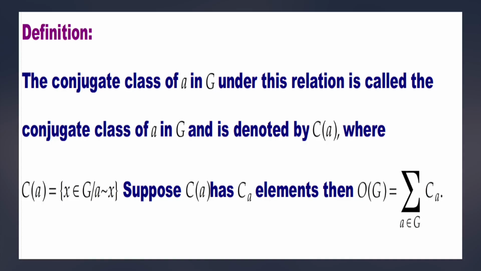The conjugate class of A in G under this relation is called the conjugacy class of A in G and is denoted by C of A, where C of A is equal to the set of x in G such that A tilde x. Suppose the conjugacy class of A in G, C of A, has CA elements, then order of G is equal to the sum over A in G of CA.